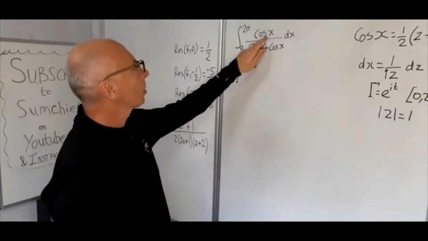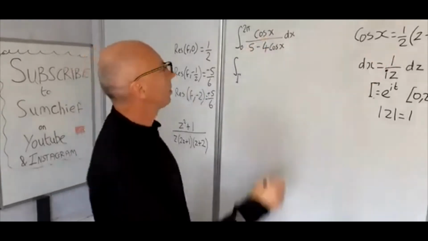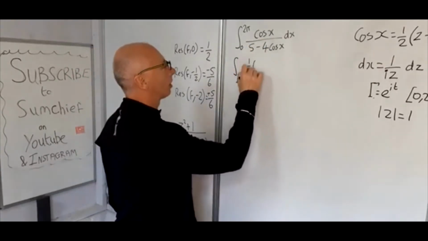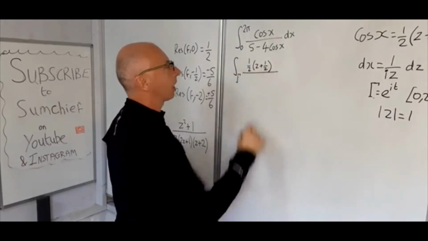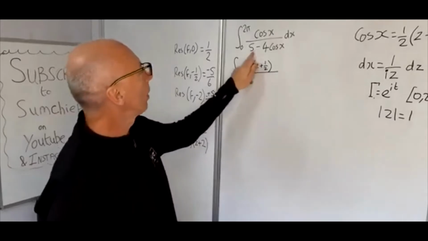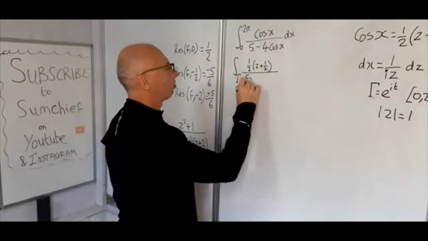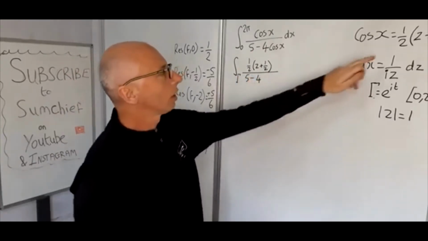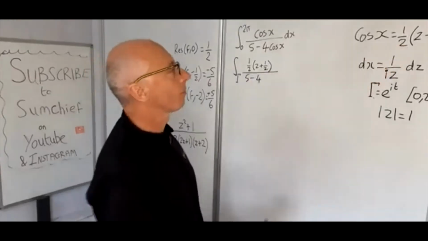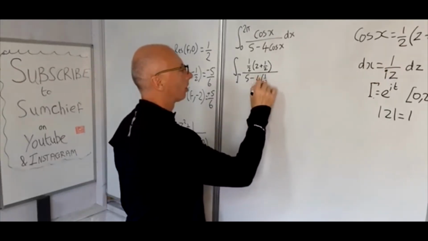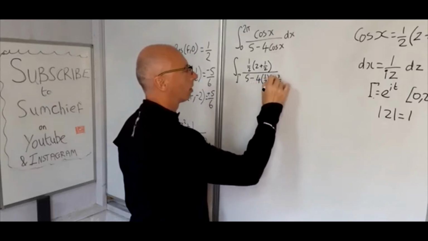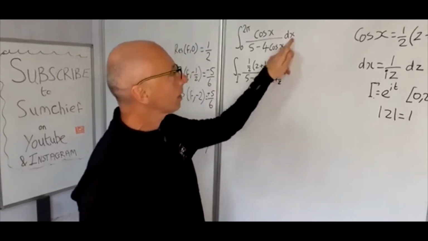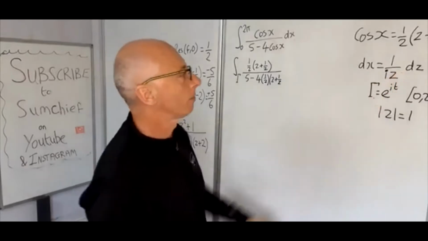And then cosine x is a half z plus 1 over z. And then we divide all that by 5 minus 4 times cosine x, which is this. And then for the dx, we put this information in.